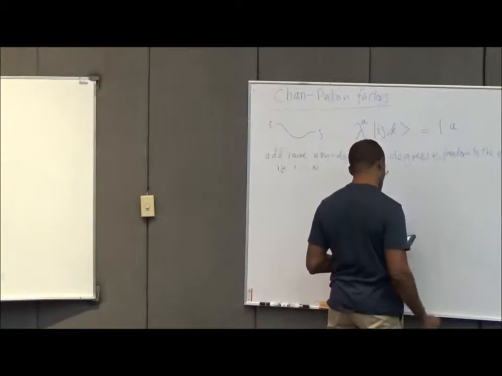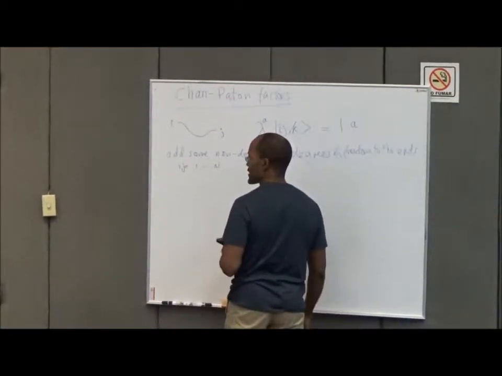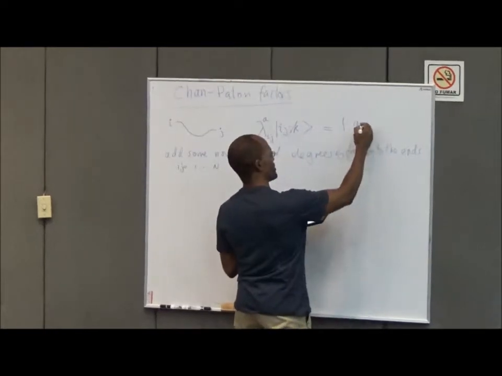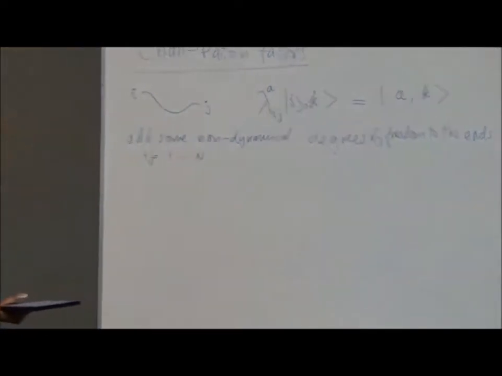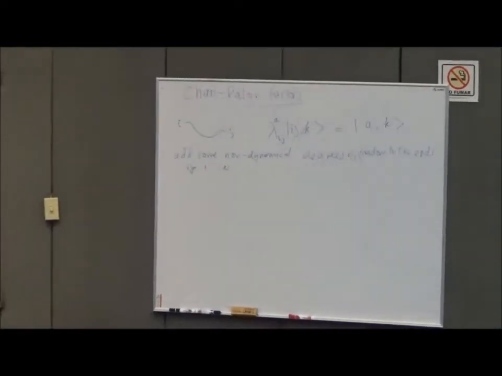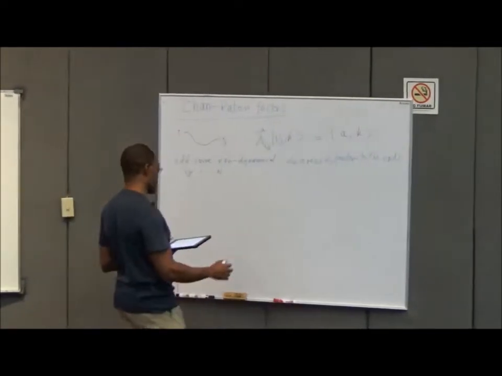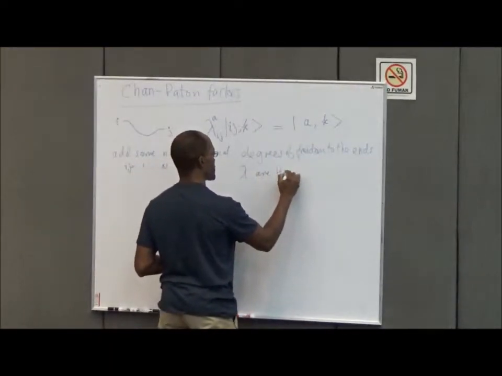Unfortunately, I'm using the same label A that I did for something else, but that was a different lecture, so no one ever remembers the previous lecture. And the lambdas are Hermitian.